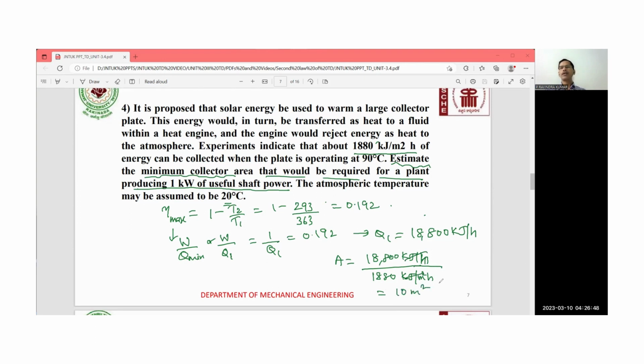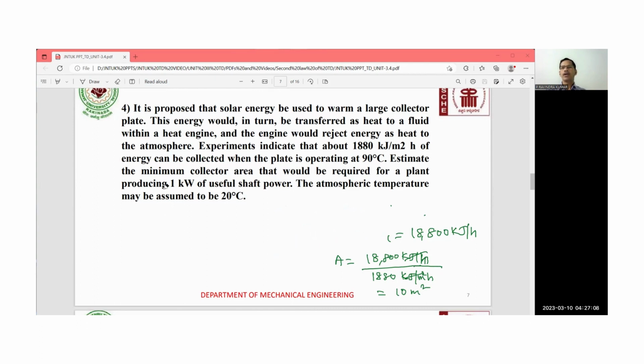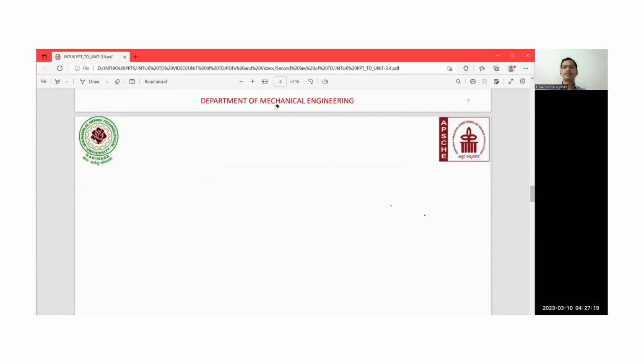That's all. So this is the problem. Sometimes the problem is lengthy, but solving it is very easy after understanding the heat engine concept, and how you can connect that heat engine concept to solar energy systems, so that you can solve the problems very easily. So this is one problem.